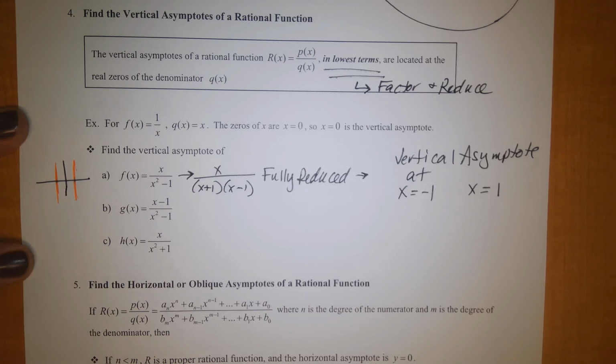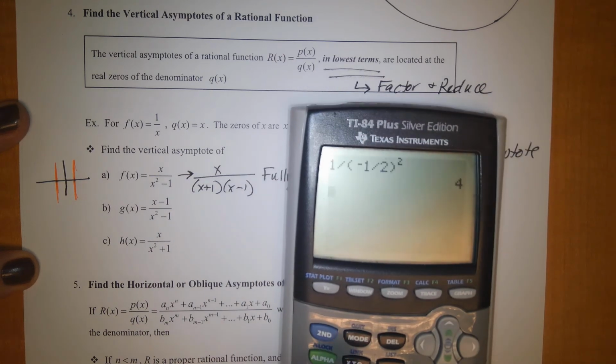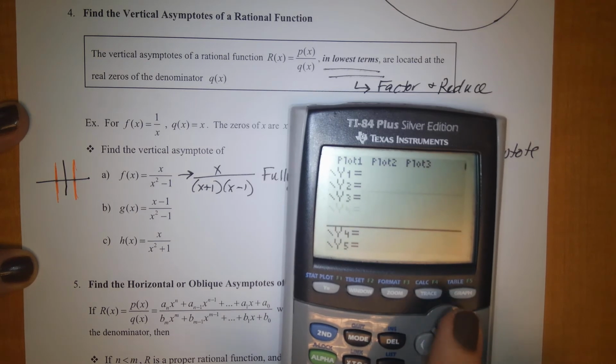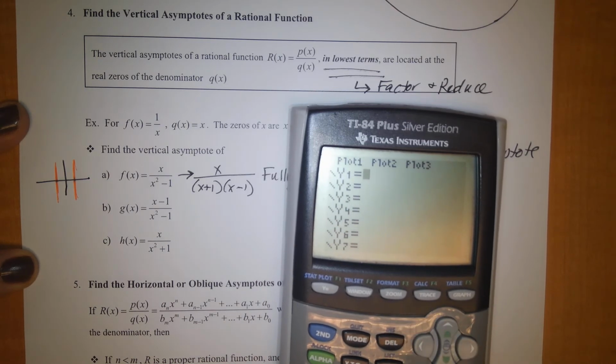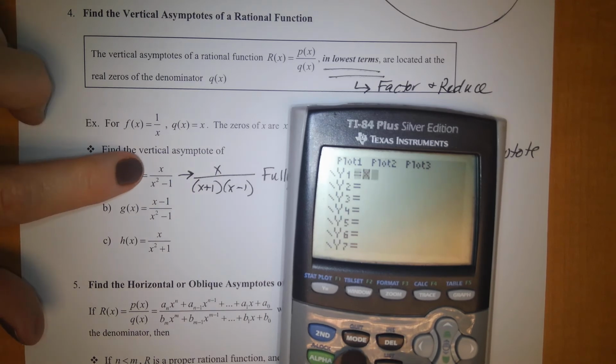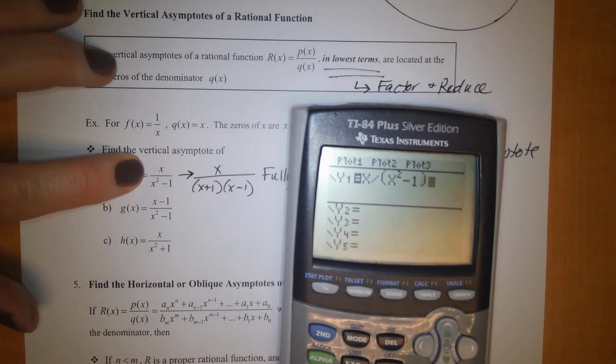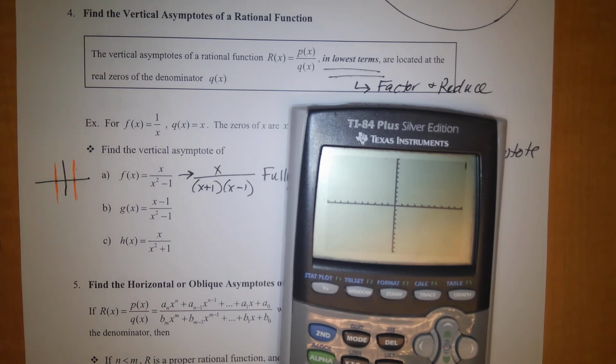So I don't know exactly what the graph is going to be doing. I guess I can get an idea by putting it in my graphing calculator just to get a visual of that. So if we want to get a visual of what this will look like, we do x divided by x squared minus 1. And here's the graph.